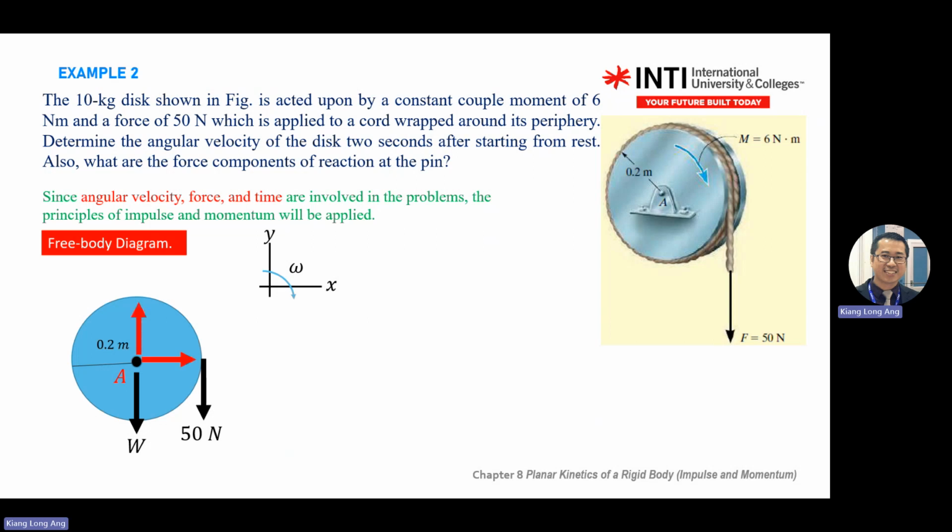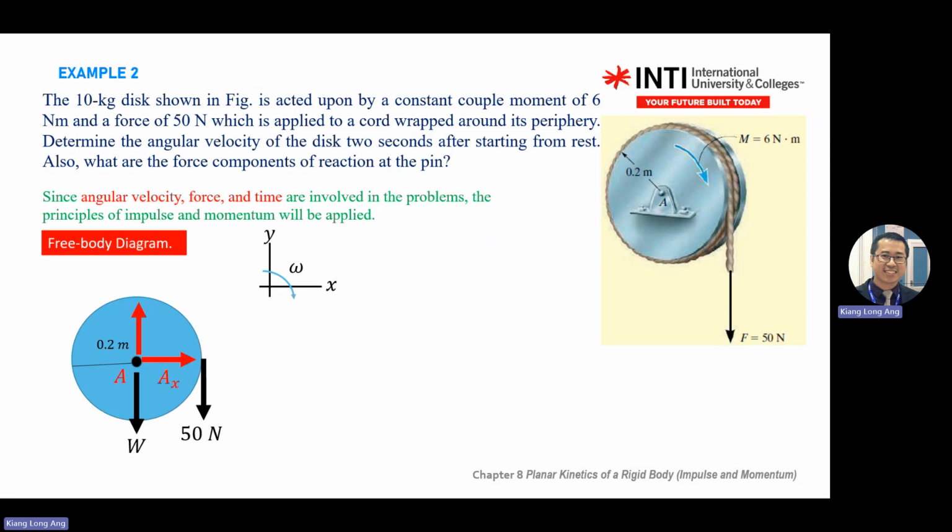Then you put in the connecting point, which is the red arrow at point A. I just assume the force is Ax and Ay. Of course, you can ask Dr. Ang, can I draw my arrow to the left and to the bottom? The answer is yes.